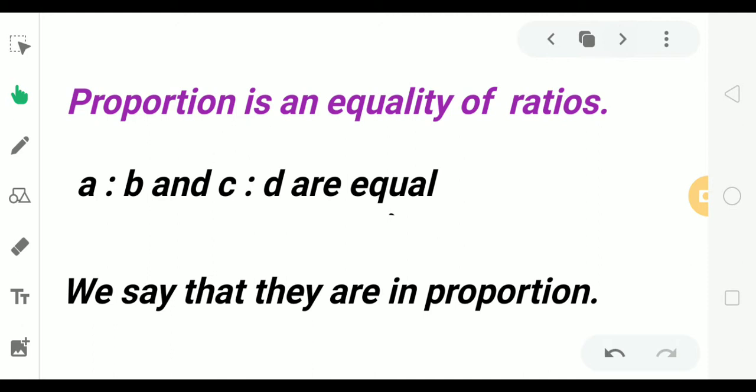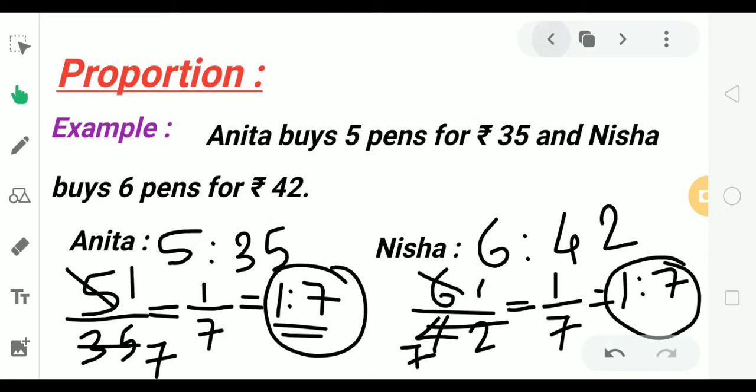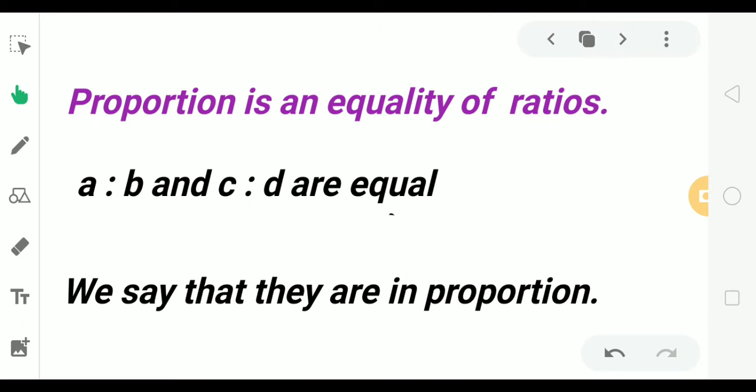Now let us see this. Proportion is an equality of ratios. So if two ratios, say A is to B and C is to D, are equal, as we see in this example 1 is to 7 and 1 is to 7, then we say that they are in proportion.